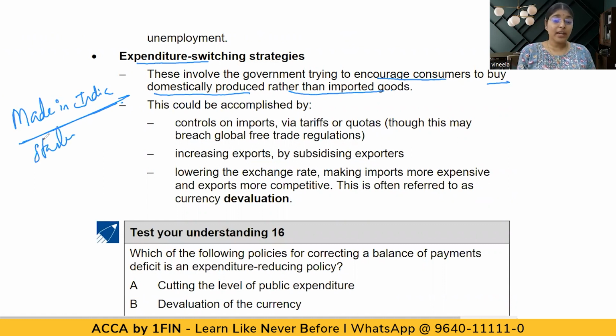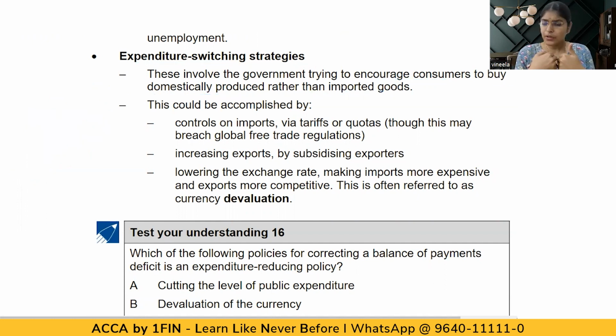Startups, where we are encouraging startups to establish their business in India. That means there will be more goods from India, so people will not have any need to purchase goods from outside the country. When you are not purchasing goods from outside the country, that means your imports will be reduced. So that is what your expenditures, which they are saying that you are allowed to spend, but don't spend on imported goods. Try to spend on domestic goods, so that our economy will increase.